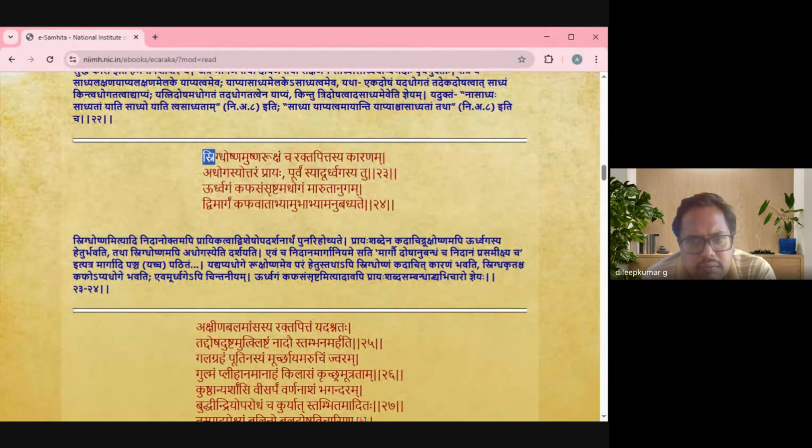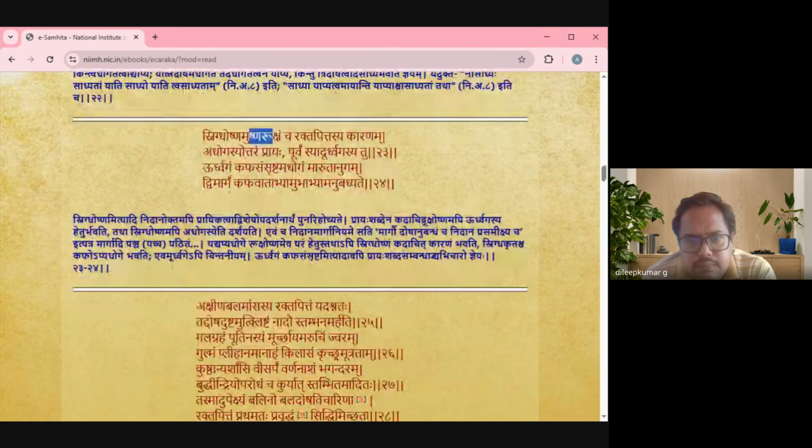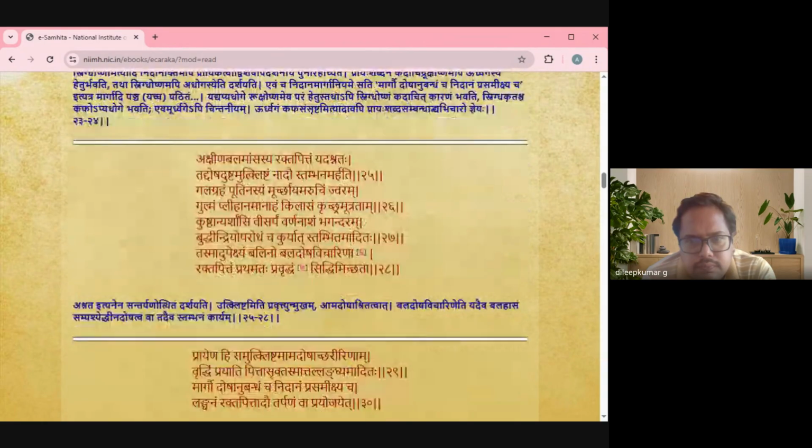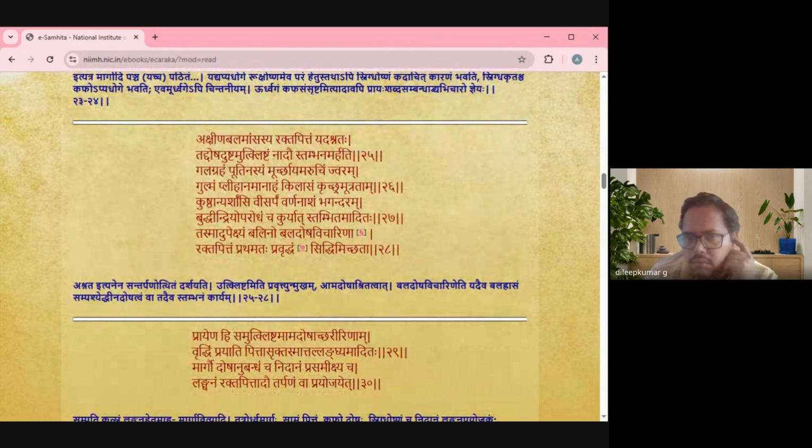Snigdha and Ushna will cause Kapha Pradhana Urdhvaga Raktapitta. Ushna and Ruksha will cause Vata Pradhana Raktapitta or Adhoga Raktapitta. When the person is not Kshina and Balamamsa is not Kshina, when the person is slightly capable or there is no severe weight loss or loss of Balamamsa, in these conditions if there is bleeding, Ati Stambhana should not be done because here it will be associated with Ama condition.